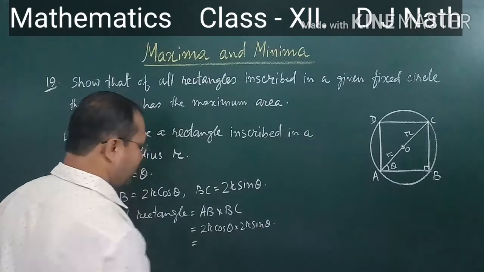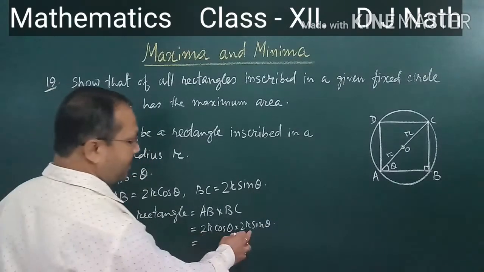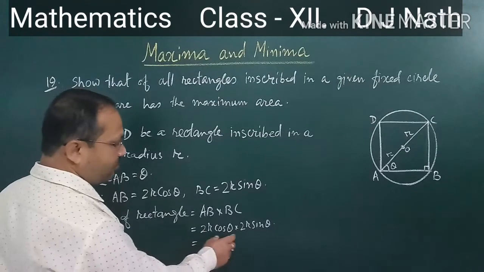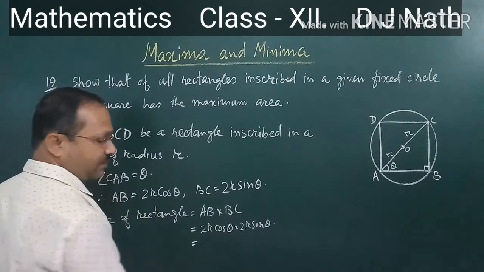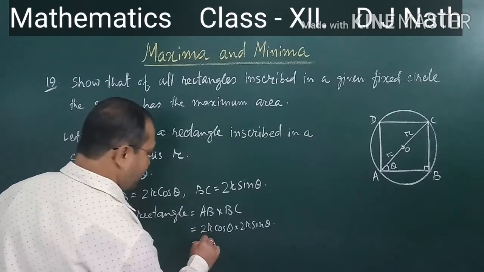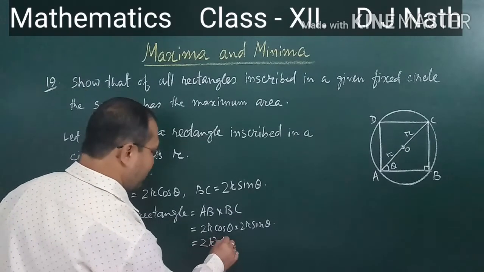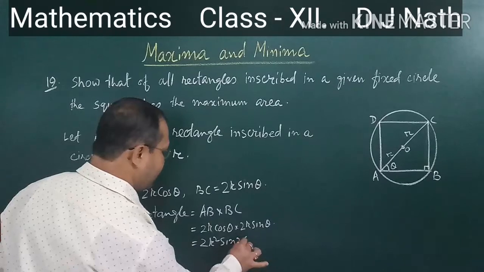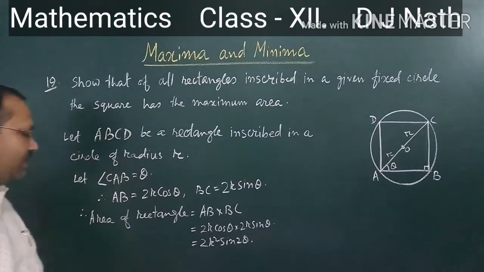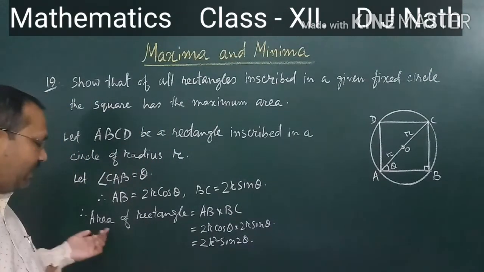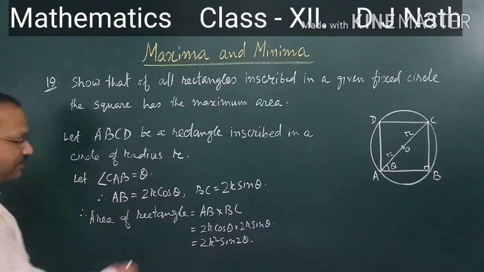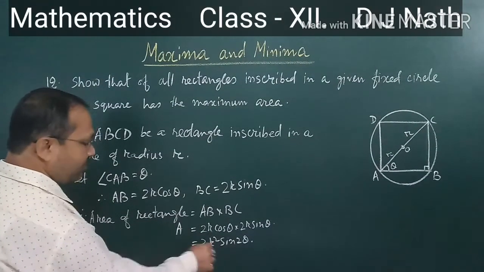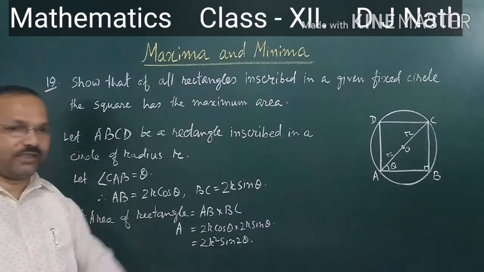Look at that. r into r is r square, and 2 sin theta cos theta we can write as sin 2 theta. So it will be 2r square sin 2 theta. So this is our area of the rectangle. If we call the area of the rectangle A, then A is equal to 2r square sin 2 theta.